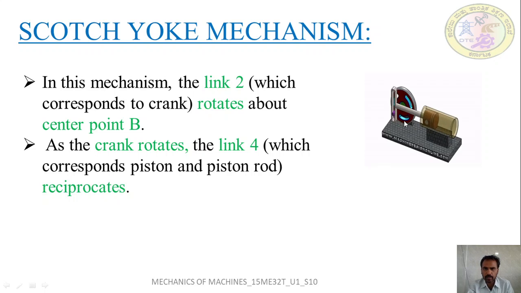You can see the animation of how the Scotch yoke mechanism works. As you can see, the crank is rotating about a fixed point. The green one forms the fixed point B. As the crank rotates about the fixed center B, the slotted bar along with the piston rod, that is link 4, reciprocates.